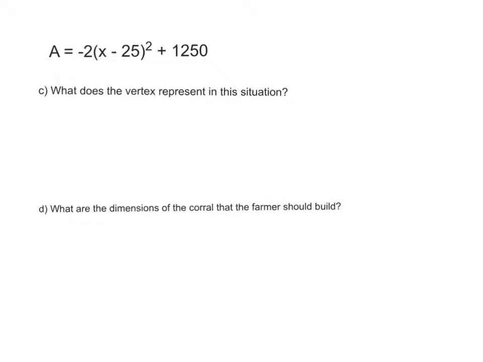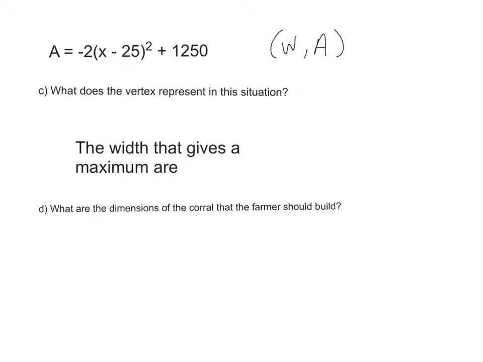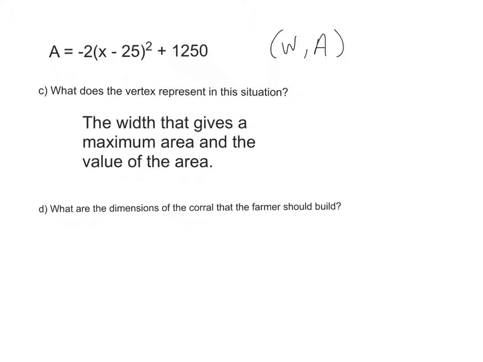The maximum amount of area, and it actually is the width that will give you the maximum area, because these points are in the form like X, Y. Here I have an X, but we use W, A instead of X, Y. So it's the width that will give you the maximum area and what that maximum area is. The actual value of the area. That's what the vertex represents.